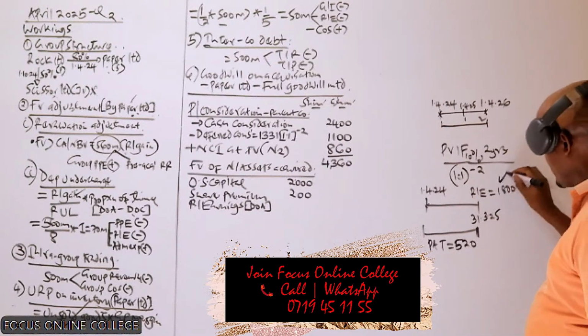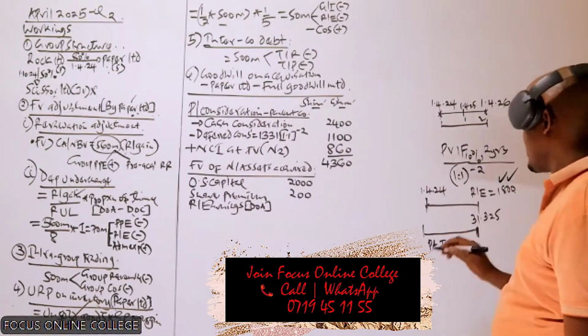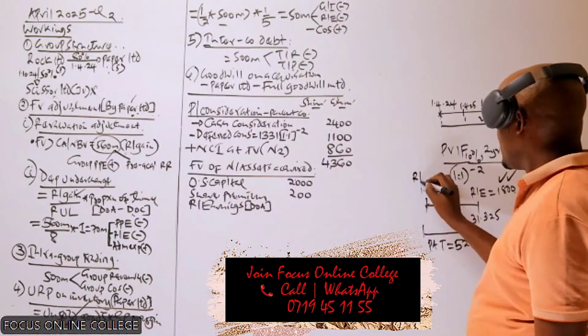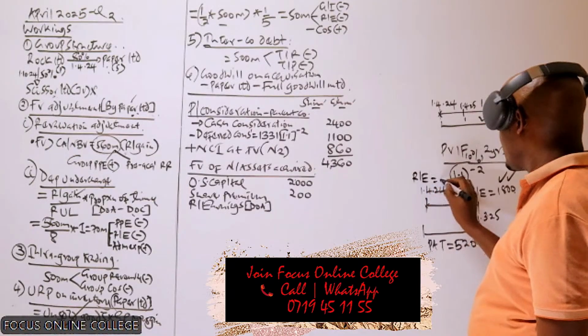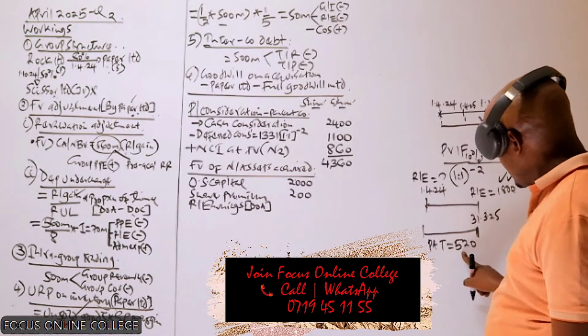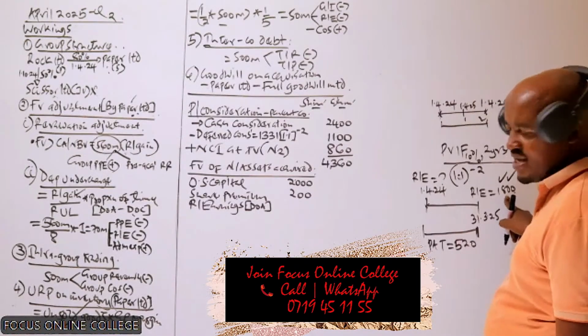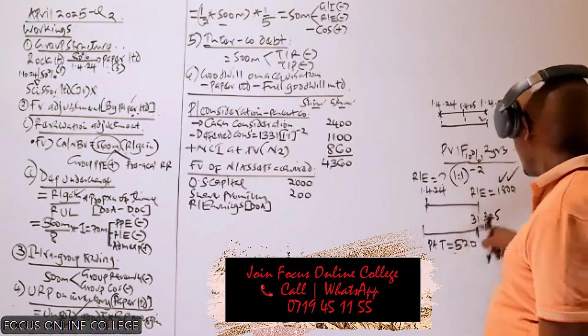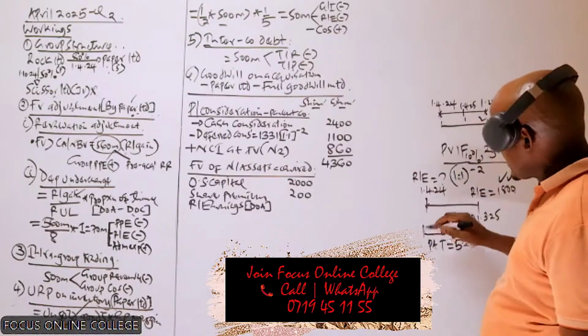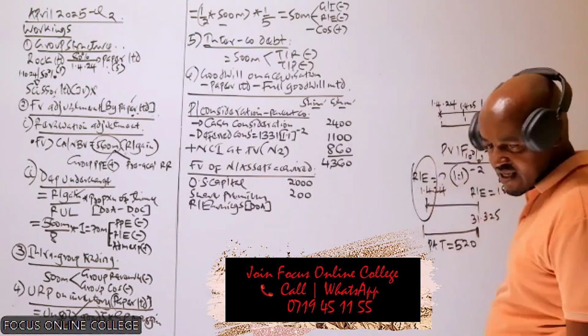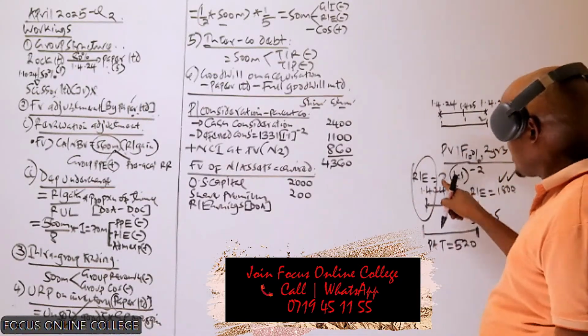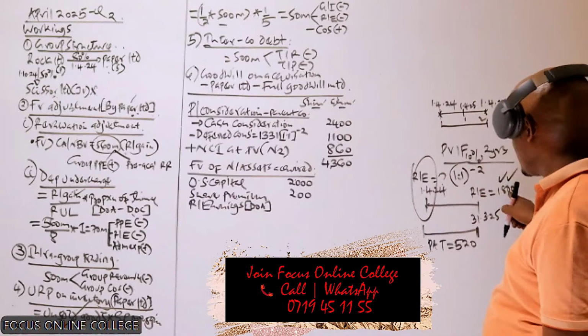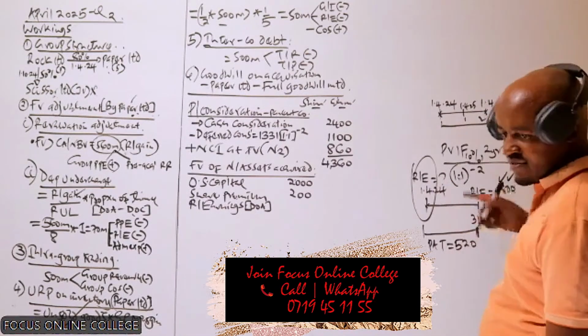So how do we arrive at the retained earnings at the end? To arrive at this, we take the retained earnings at the start, which we don't have, we add this, we get this. What we are interested in is the retained earnings at the start.